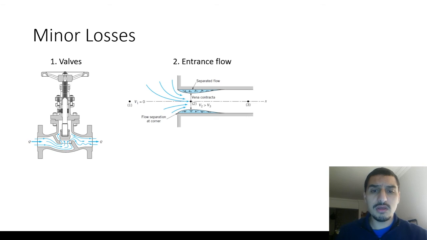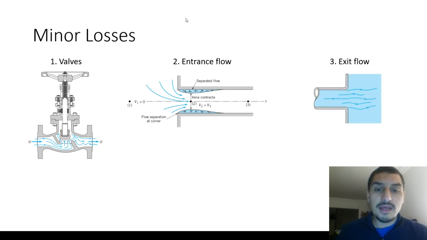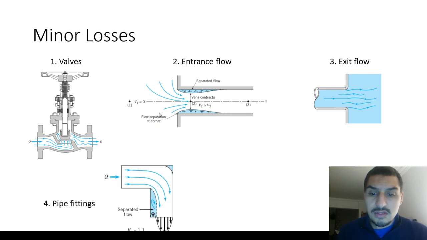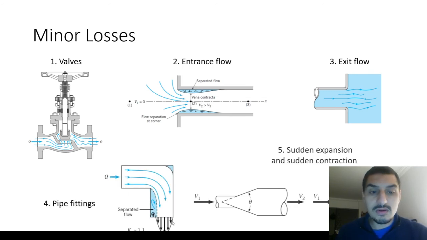There are other sources of losses, which are the entrance flow and the exit flow. And there are losses due to the fittings, and there are losses due to the sudden expansion and contraction. In the next slides, I'll talk briefly about each one of them, just to have an idea why this causes the losses.